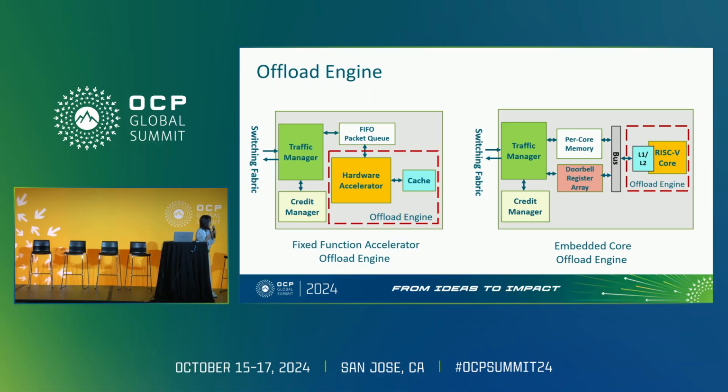One is the hardware accelerator, which is a fixed function unit and has an AXI stream interface to receive packets from the FIFO packet queue. And we also have an embedded RISC-V core type of offload engine, where the embedded RISC-V core can directly read packets from the per-core memory, which contains a packet received from the switching fabric.